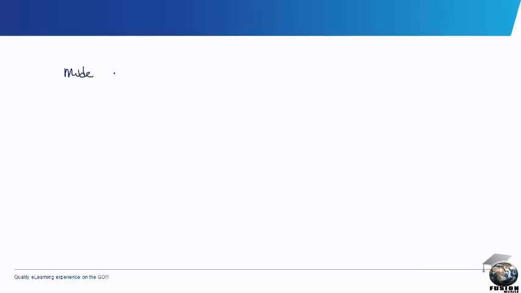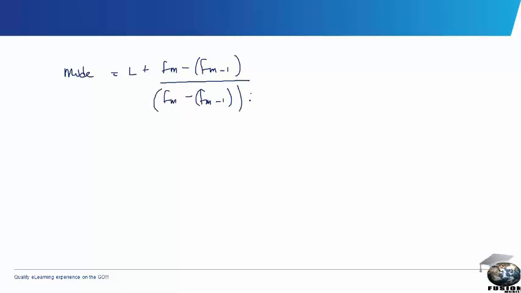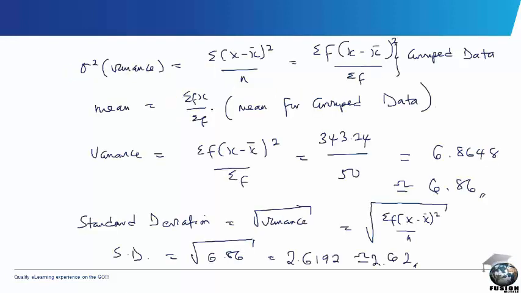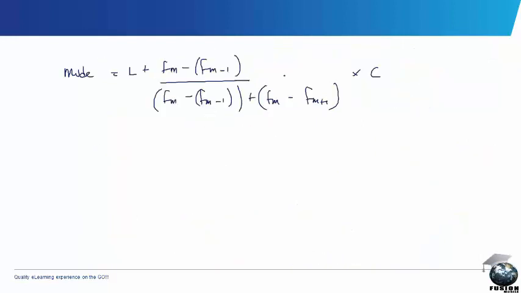The modal class is given as the lower class boundary plus the frequency of the modal class minus the frequency before the modal class, all over the frequency of the modal class minus the frequency before the modal class, all in brackets plus the frequency of the modal class minus the frequency after the modal class, times the class width.